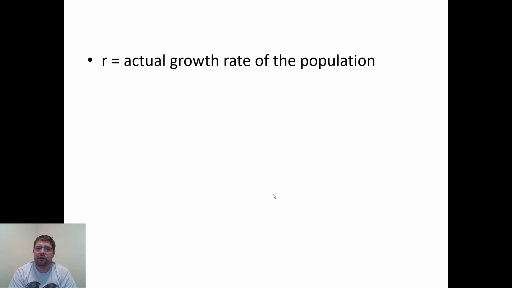When we look at R, or the rate of growth, and we have to calculate the actual rate of growth, we need to take into account a few things. First of all, R is equal to B minus D. B minus D is birth minus death.